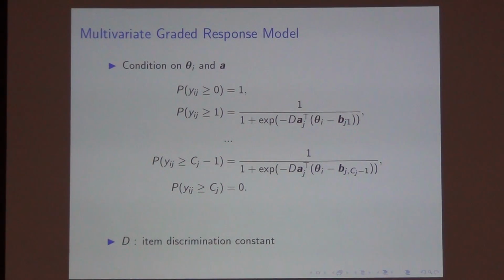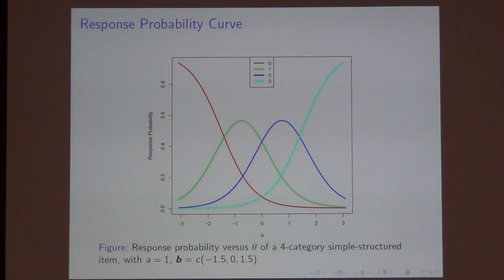So here is an illustration of the model with 4 categories. The probability of Y falling into each category is represented as a function of theta. We are able to make this plot because we assume the item is simple structured here.